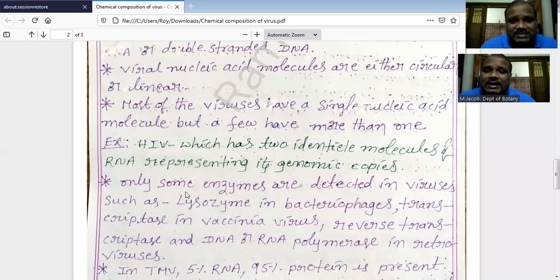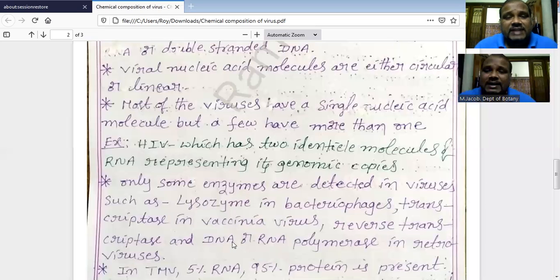Only some enzymes are detected in viruses, such as lysozyme in bacteriophages, transcriptase in vaccinia virus, and reverse transcriptase enzyme and DNA or RNA polymerase in retroviruses.